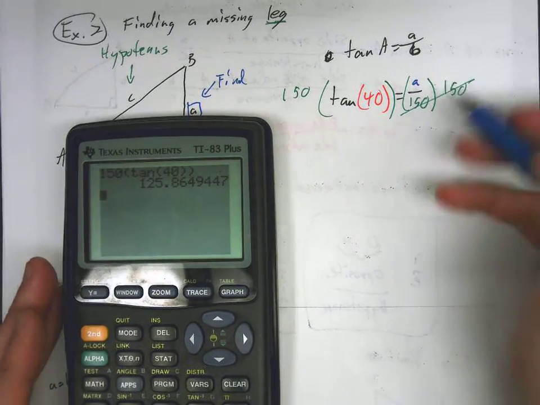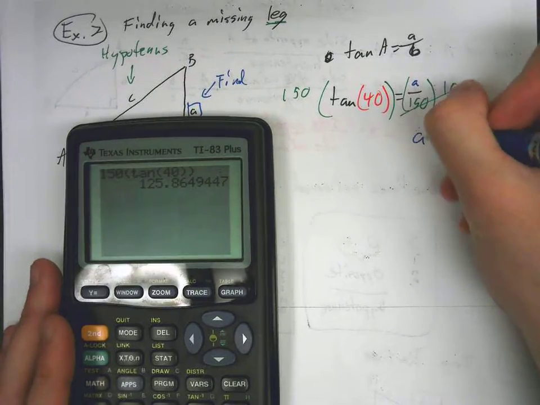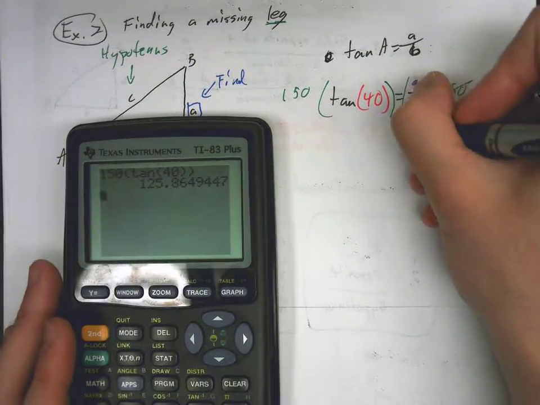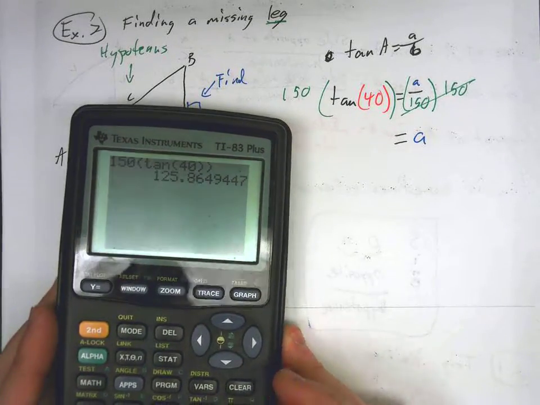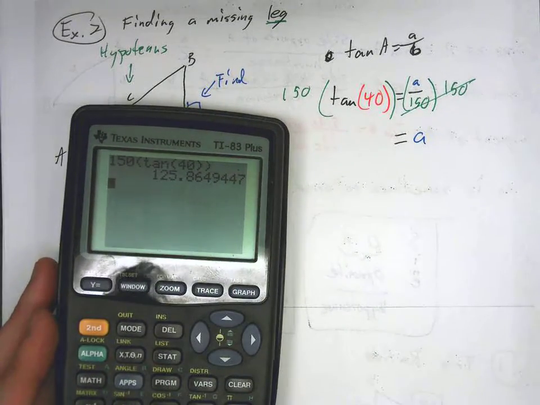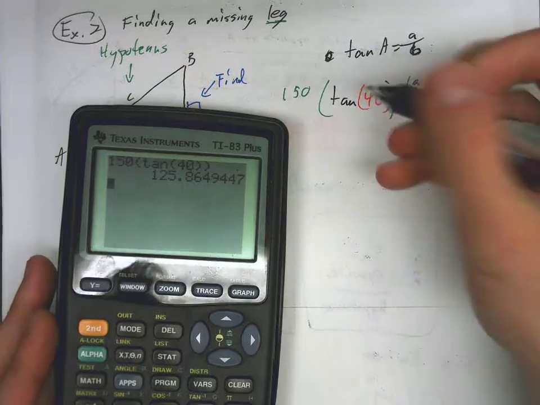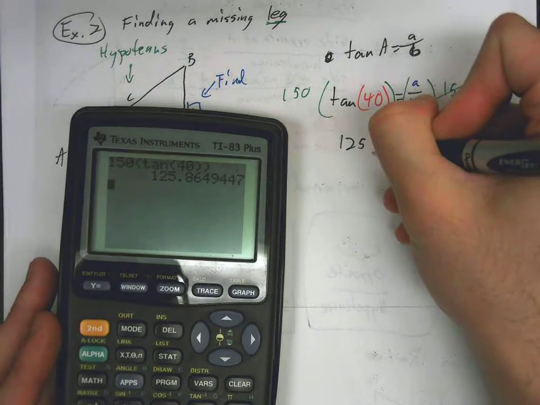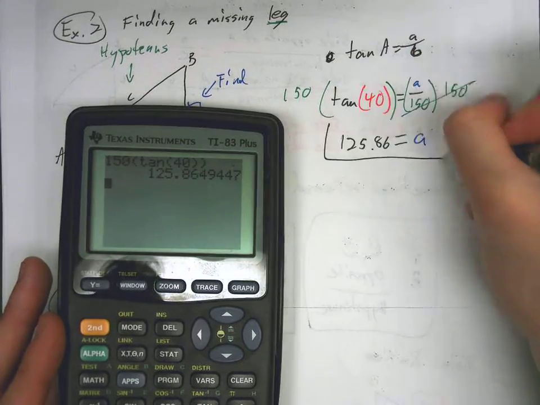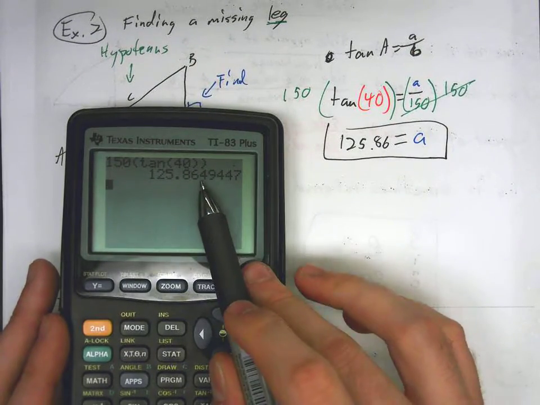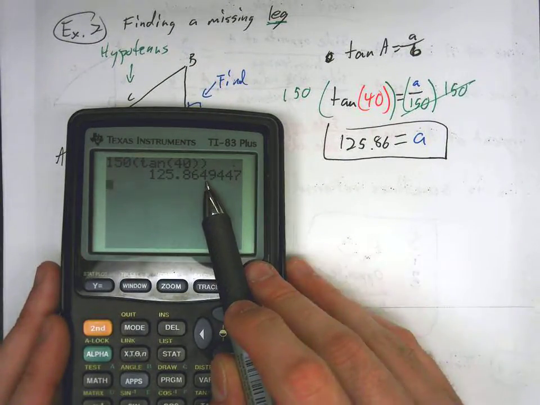We don't want to write out that whole thing. Since the 150 got canceled out here, it's going to be A. This will be equal to, and I'm going to round to the hundredths place, so our answer will be 125.86. I don't round that up because the digit to the right of it is only a 4.